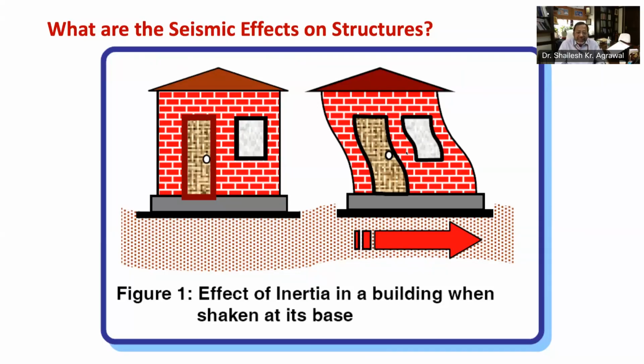This resistance shown by the structure is known as inertia, and it acts in the opposite direction of the movement. As you can see here, the ground moves in the right direction, whereas the building moves towards left.